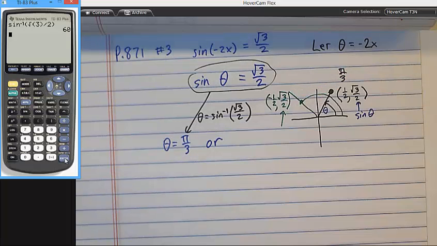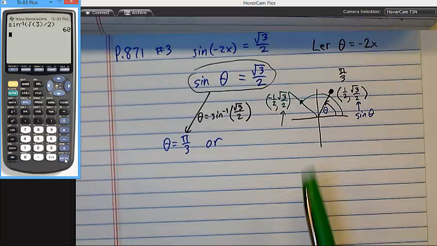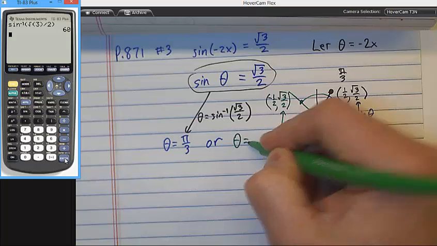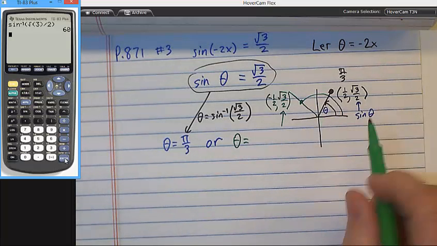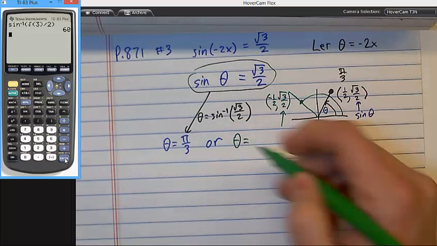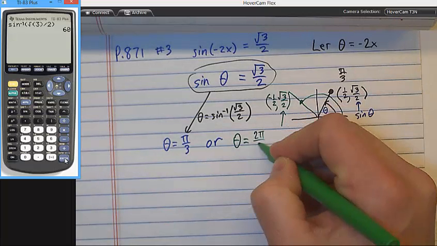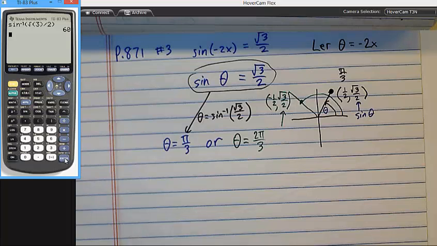And again, I'm in business. So what angle am I talking about there? Theta equals, what would that be? 2 pi over 3, right? Again, I need a 60-degree reference angle. And we spent all that time memorizing the unit circle, but it just keeps coming up again and again.